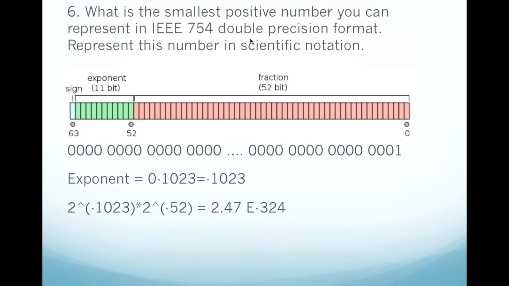And in IEEE 754 double precision format, instead of minus 127, you subtract 1023. So in this case, the exponent is negative 1023. So we're going to have 2 to the negative 1023 times 2 to the negative 52, because this is the very last bit. And that's going to be this answer. So this is the smallest positive number in double precision format.